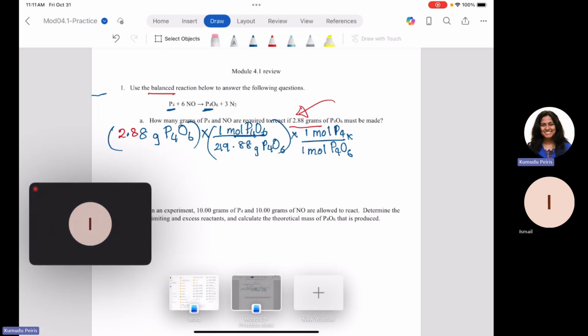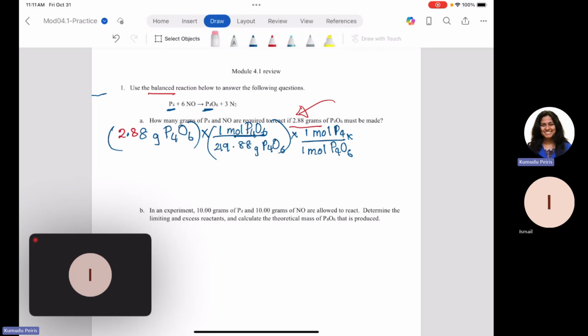Right. So, let me explain this again. Now we are trying to find the grams of P4 that we must use to obtain 2.88 grams of P4O6. That's why I have to start with the given value.